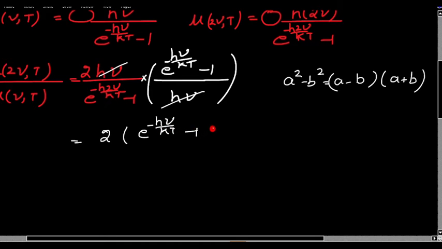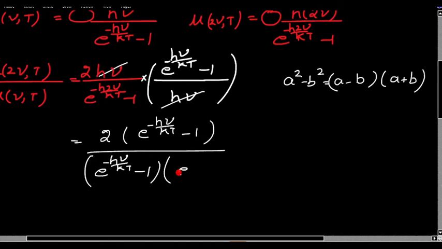minus 1, and then in the denominator, if we use the property, a minus b gives e to the power h mu by kT minus 1, and the other factor is e to the power h mu by kT plus 1.